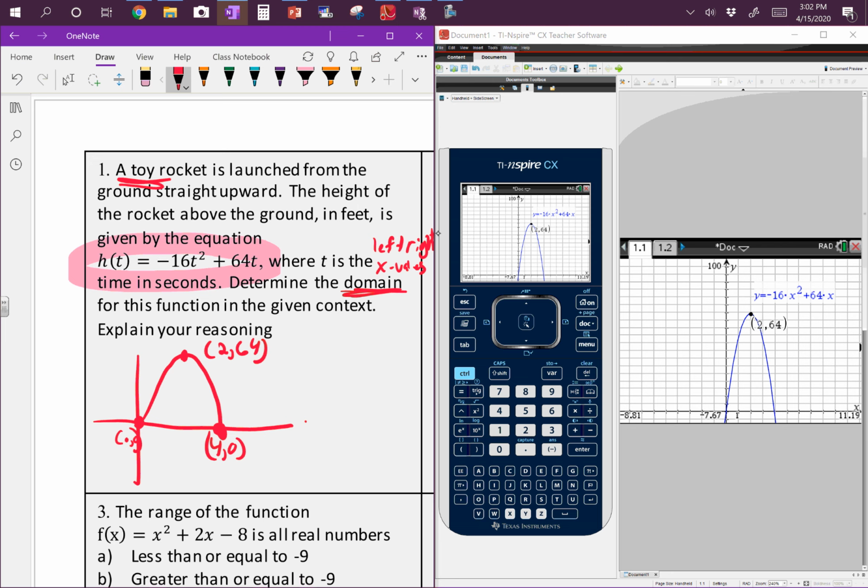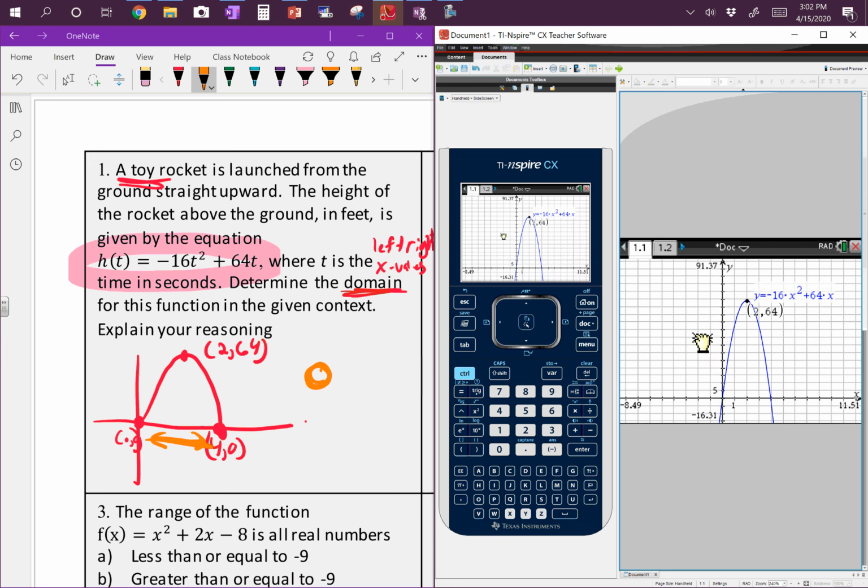So let's take a look at this. Left to right. That's this way to this way. How far did it go? Well, we know it has to start at 0. It looks like if we take a look at this graph, it has an extension here, but we don't include that.